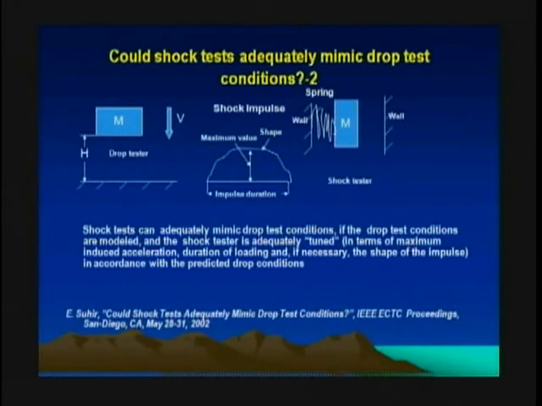And here's what you see. On the left-hand side, you see a drop testing situation. On the right-hand side, you see a shock testing situation. And there is also a lot of information, equations, solutions, analyses.